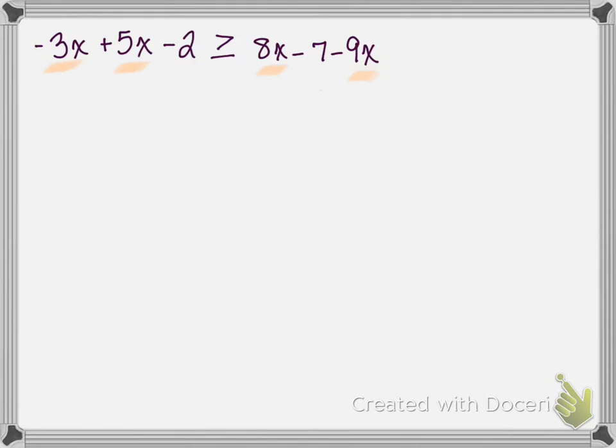So I am going to take negative 3x and positive 5x and add those together. Negative 3x and positive 5x give me positive 2x. Then on my right-hand side of my inequality, I've got 8x and negative 9x. I add those two together, and I get negative 1x.